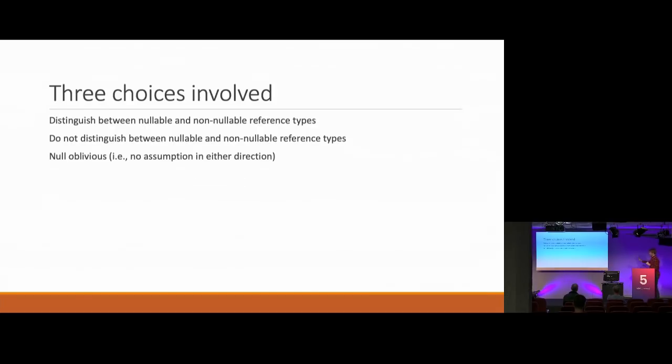So there's the three choices: distinguish or choose not to distinguish. And then there's a third, which is make no assumption in either direction, right? So you might think that that's equivalent to not distinguishing. But it's subtly different, which is where I think it's kind of fun to think about.